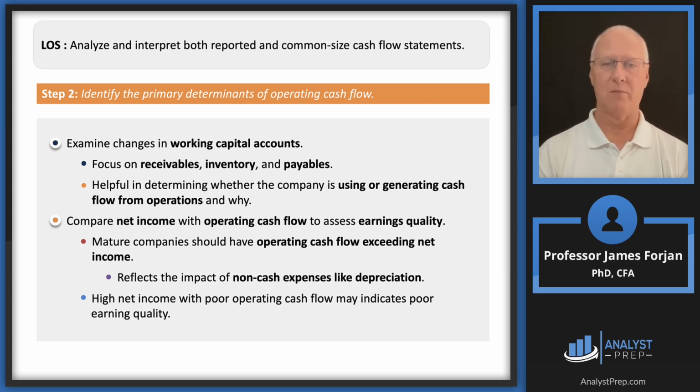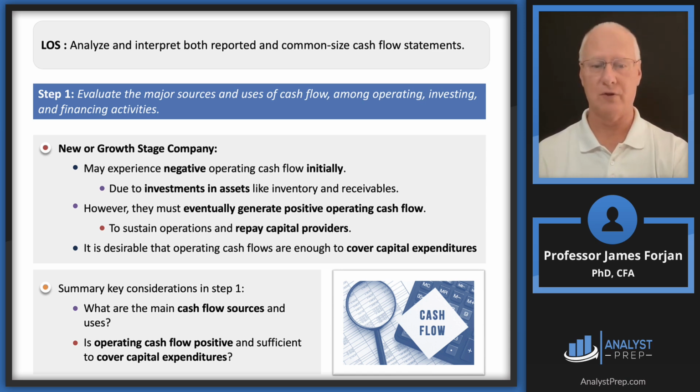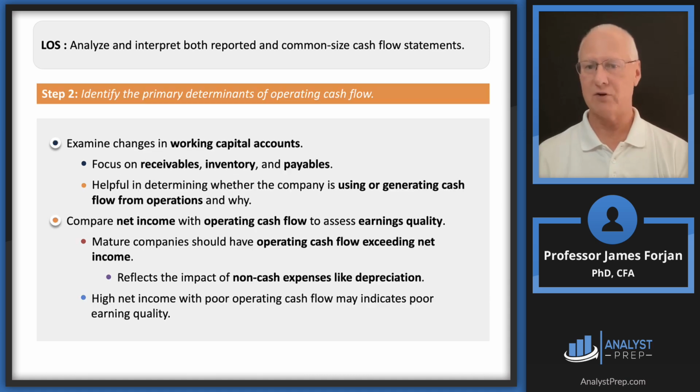Now, a couple of other things here before we move on. We need to worry about working capital. So that's why down here at the bottom, we ask the question, what are the main sources, and are those cash flows positive and sufficient to cover those capital expenditures? Keeping in mind that with this new or relatively low growth initial company, there's lots of investment in inventory and receivables.